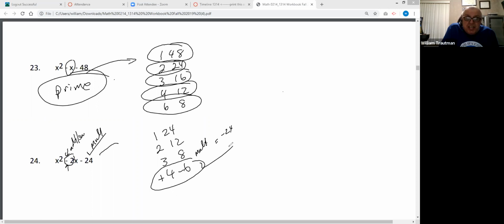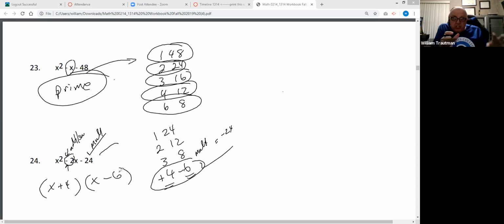We have the answer. The last step is write 2 parentheses, put an x in front of it, x times x, and then use these pairs, the +4 and the -6. It's so important to bring those exact signs into it. If you wanted to put the -6 first, you could. It doesn't matter the order.